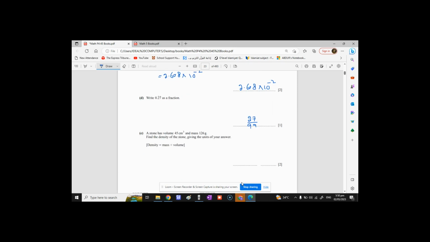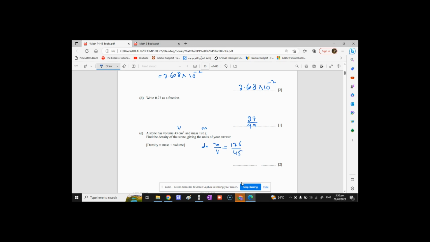A stone has a volume 45 centimeter cube. Like, volume and mass are given. So we have a relation here: density equals mass upon volume. Mass is given, that is 126, and the volume is 45.